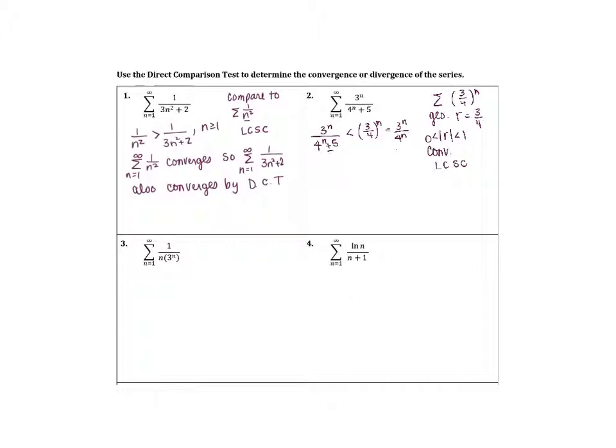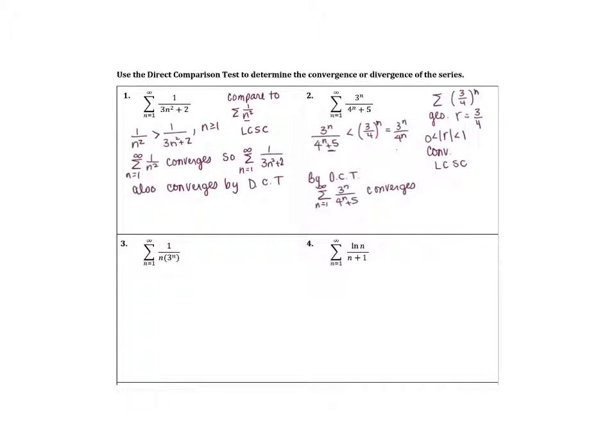And then you see that adding 5 in the denominator does indeed make that series smaller. So we can say by the direct comparison test that here we have our series n equals 1 to infinity, 3 to the n over 4 to the n plus 5 converges.